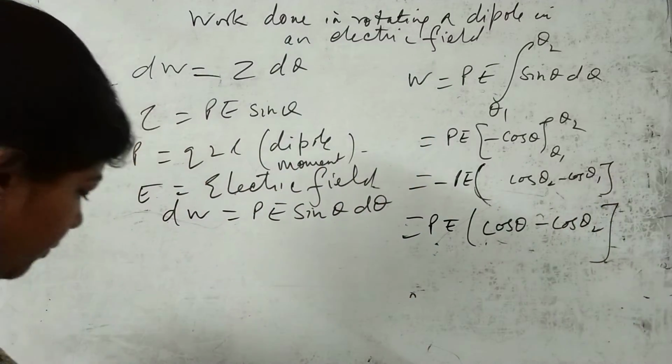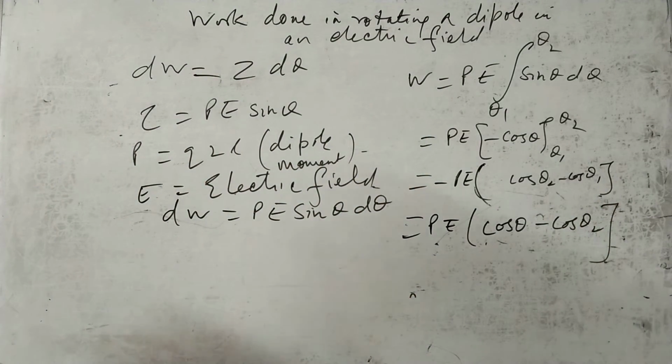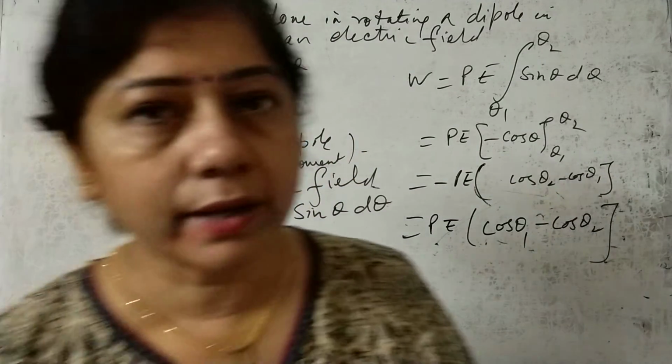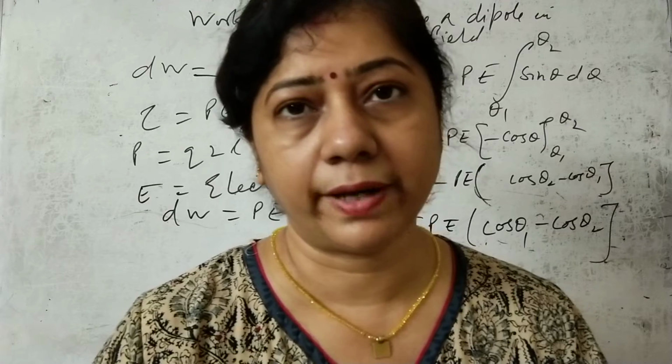You can also write in this form. So this is what you are getting. Depending upon this, theta 1 is 0 degree and theta 2 is 90 degree. Whatever angle you have, you substitute and you get your value.